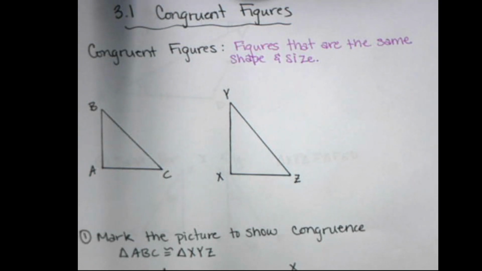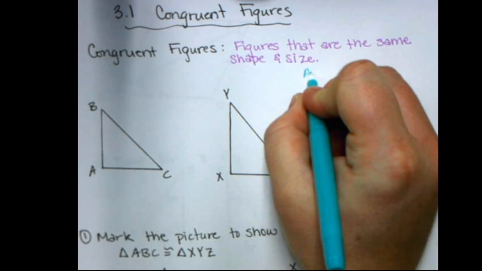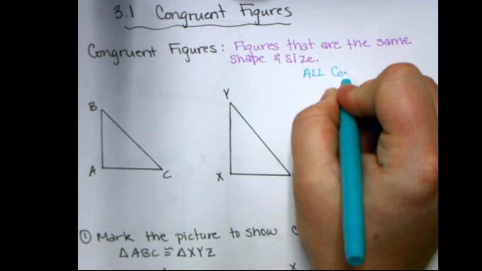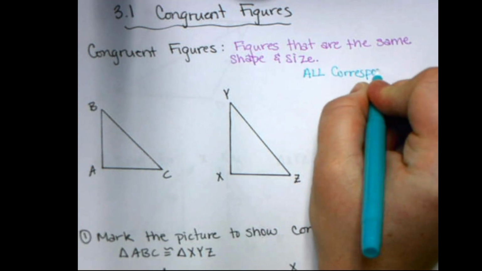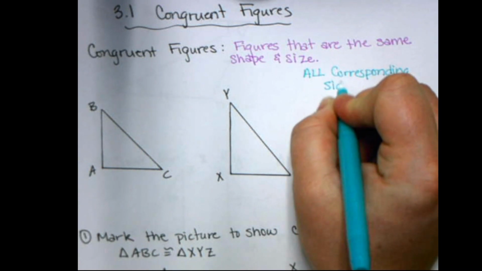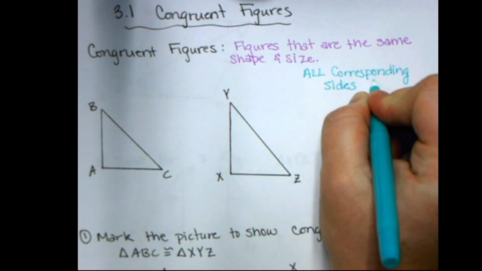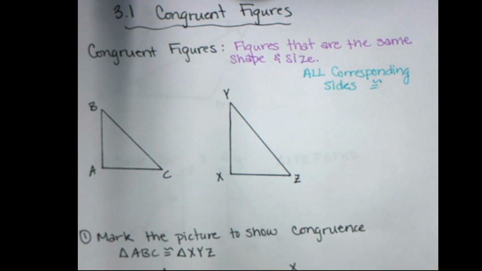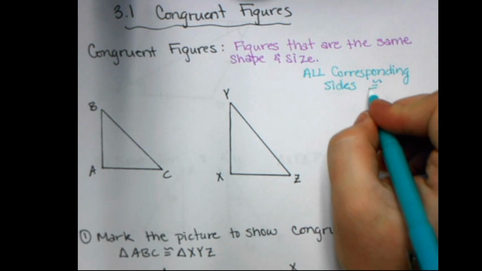All right, so to be the same shape and size, that means that all corresponding sides are congruent. And that's the symbol right there for congruent, an equal sign with a little swirly on top.